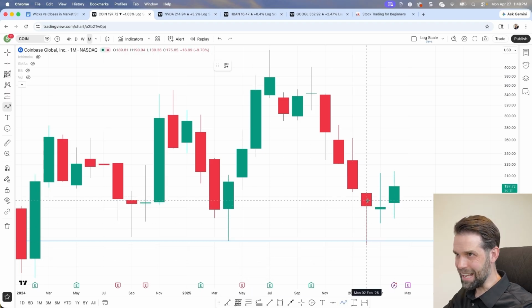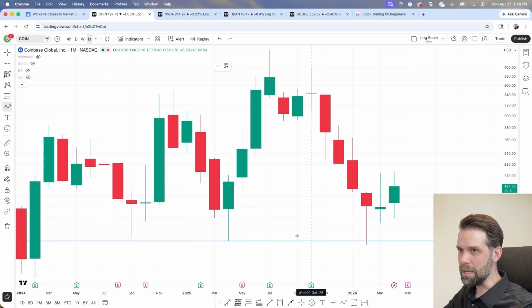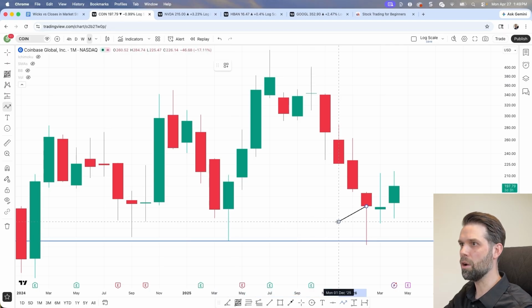So this candle wicked all the way down there and it wicked lower. Price went down there during the month. However, the candle closed back up here. So we closed right here, which is higher than this low. We closed higher than that low. So therefore, we didn't make a lower low.